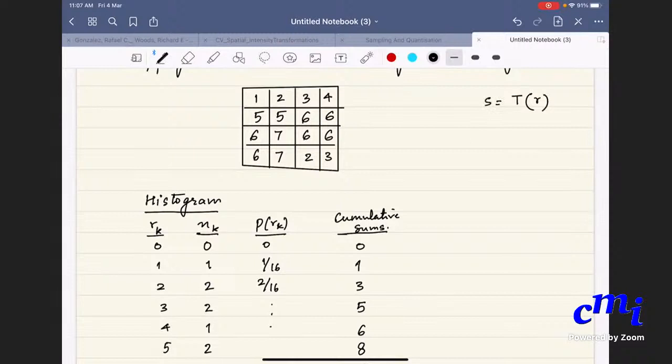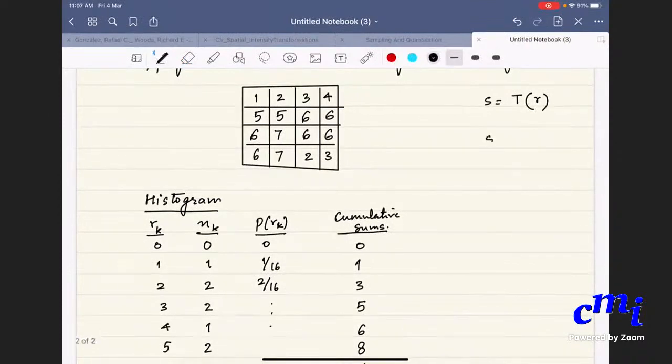You want an output image s whose histogram is like the uniform distribution function.